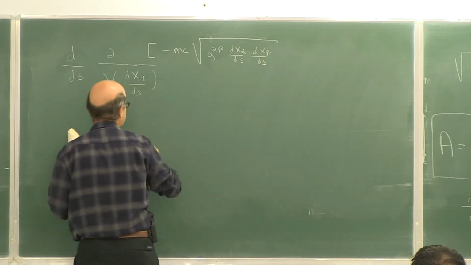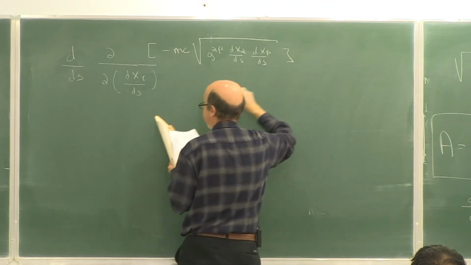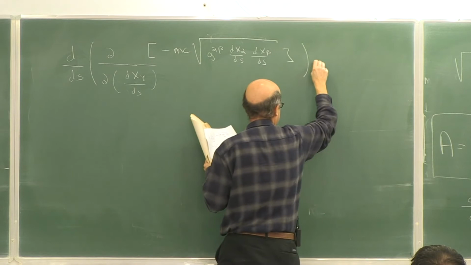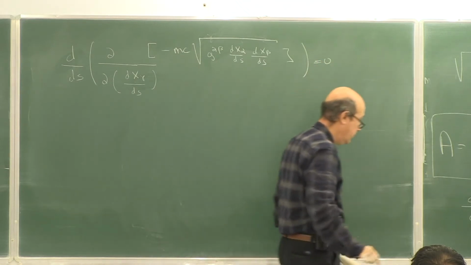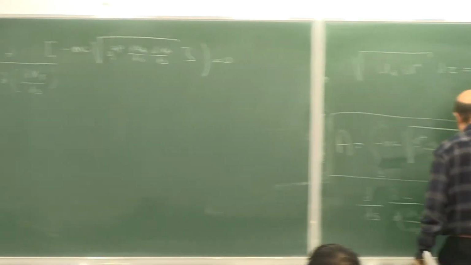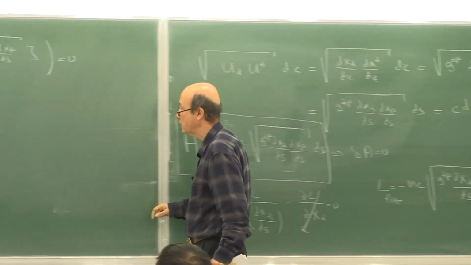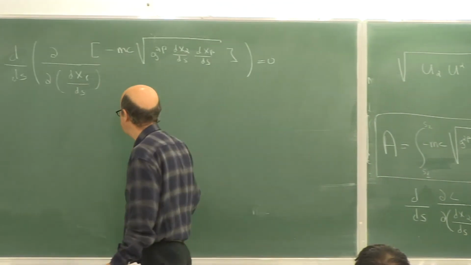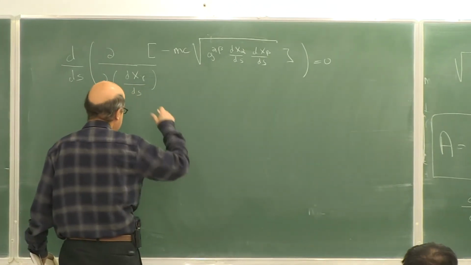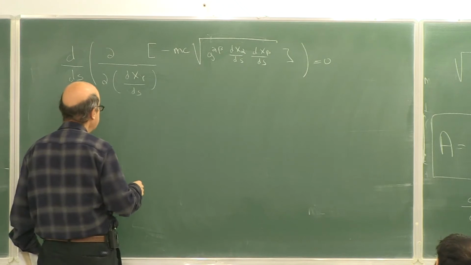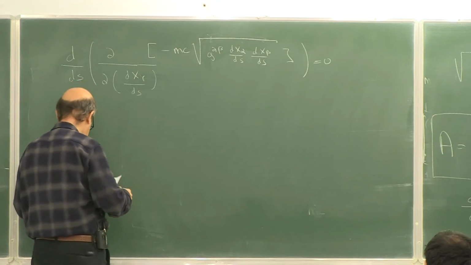The derivative with respect to the coordinates has to be equal to 0, because the Lagrangian has no dependence on the coordinates. The Lagrangian depends on the derivative of the coordinates. So let me show you how we take this derivative and how we find the equation of motion.